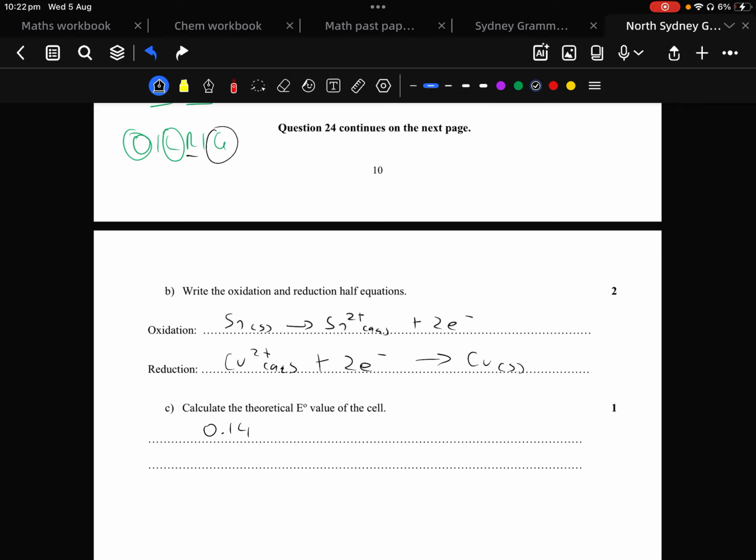So that's for tin. Now we find copper. Copper is already in the formula sheet. The equation for copper is already a reduction, so it already says 0.34.